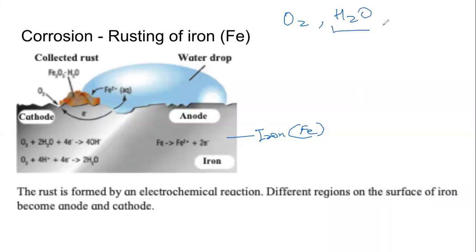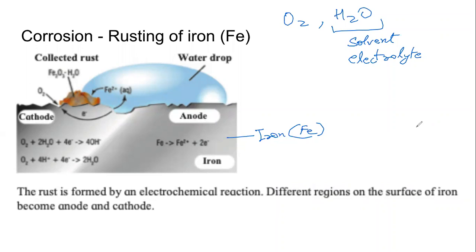Remember, water is a very, very good solvent, and solvents can act as electrolytes. Electrolyte is a solution that can conduct electricity. Electrolyte is part of the electrical cell that we studied in class 9. It was there on page number 72 of the science textbook last year.